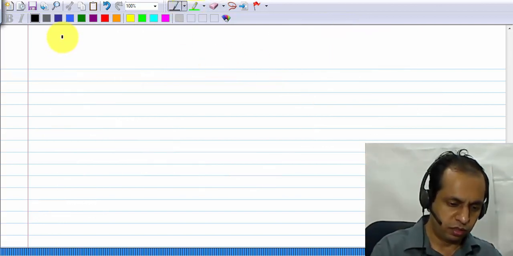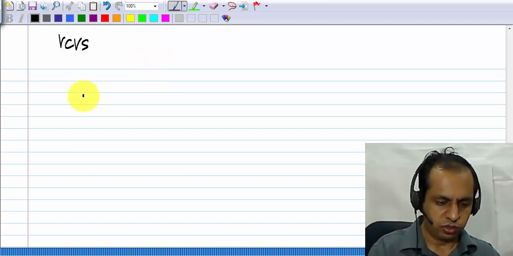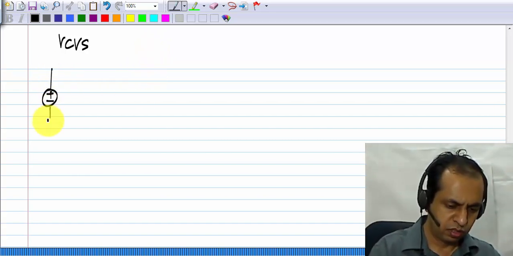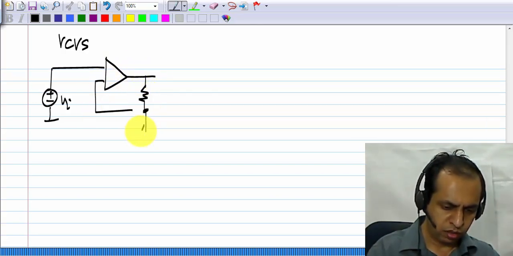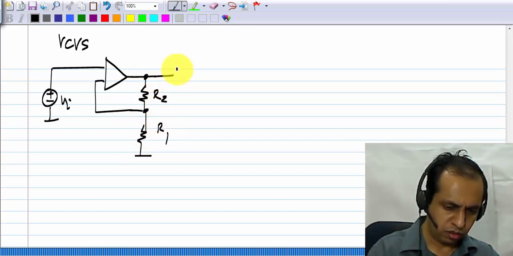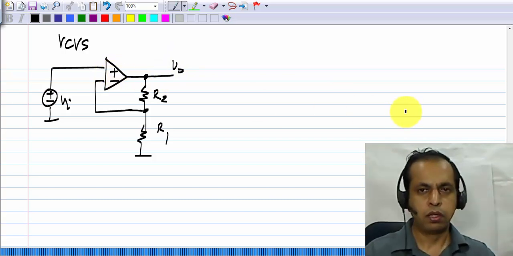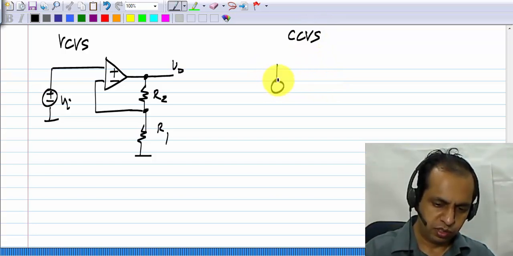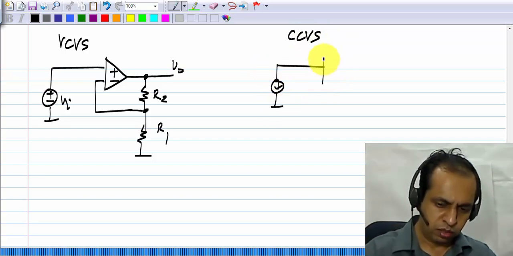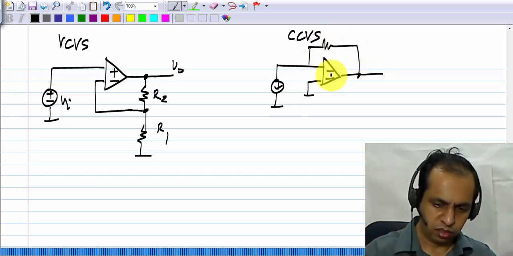so now we have seen two circuits: a voltage controlled voltage source using an op amp, which looks like this, and a current controlled voltage source using an op amp, which looks like that.